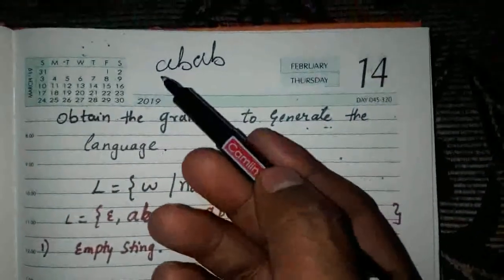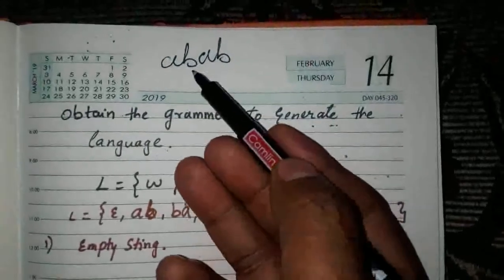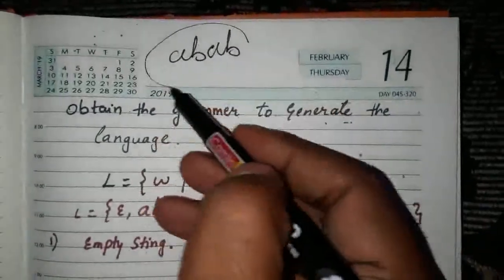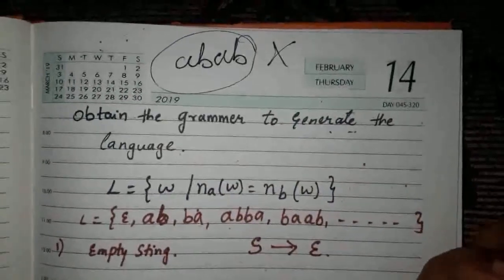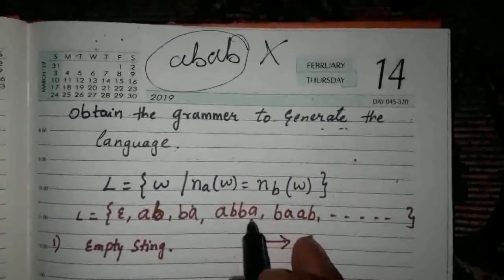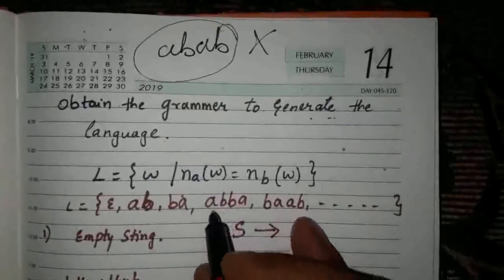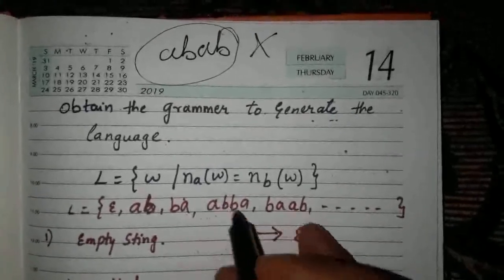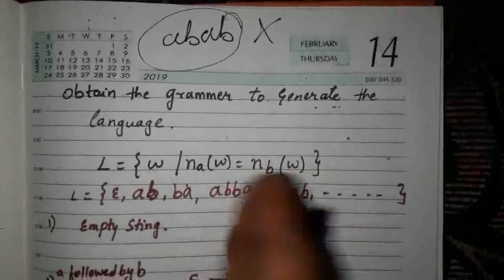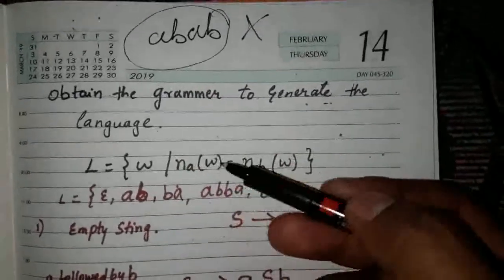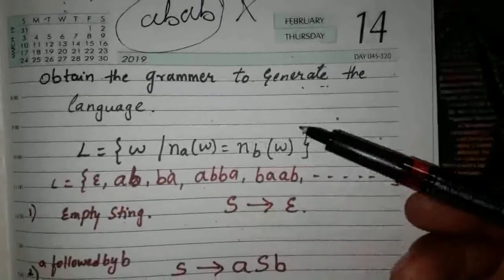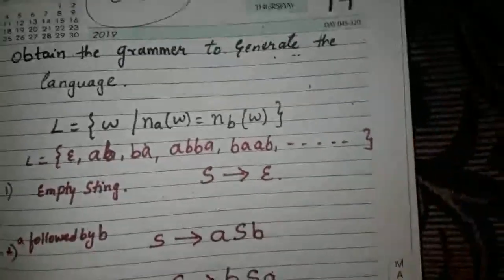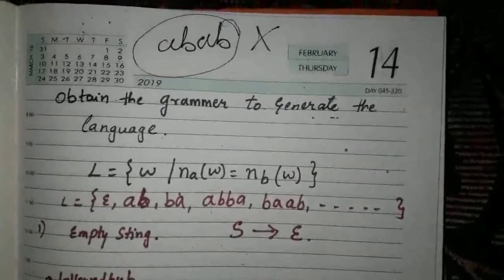See here, the number of A's is 2, the number of B's is 2. Is it a palindrome? No, it is not a palindrome. Right? You take here ABBA, it is a palindrome, but here also the number of A's is equal to the number of B's. Correct? So the string should have an equal number of A's and B's. That is the condition given here.